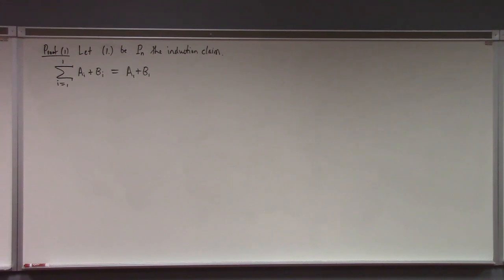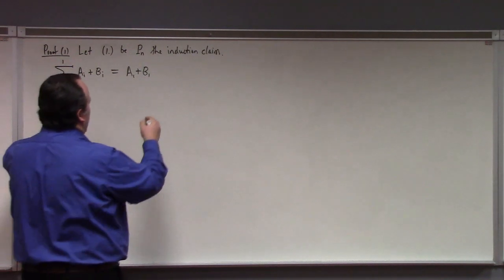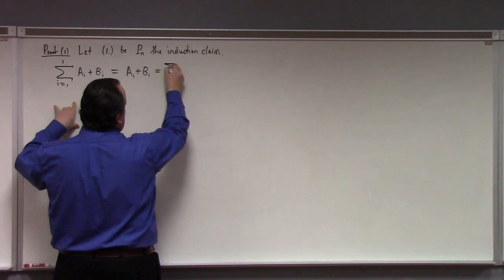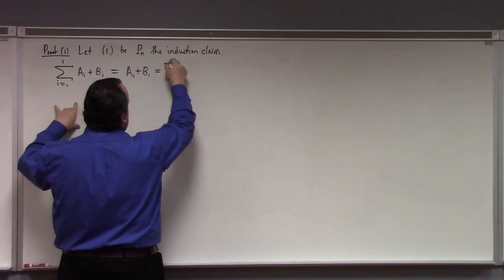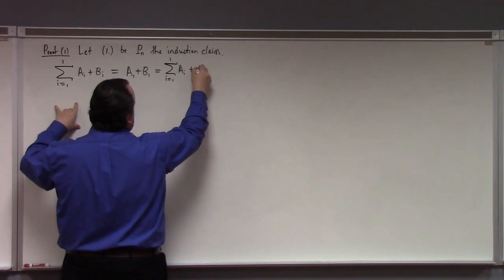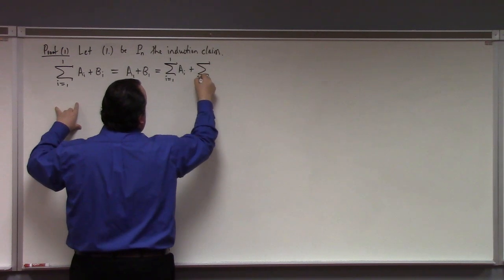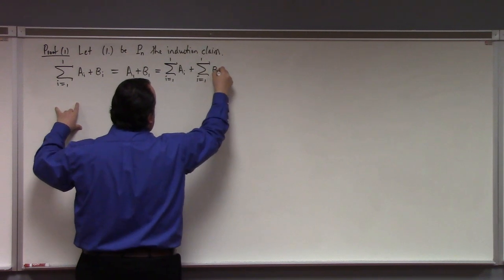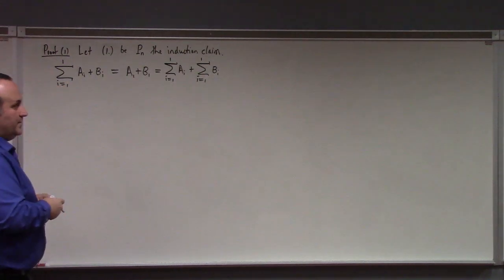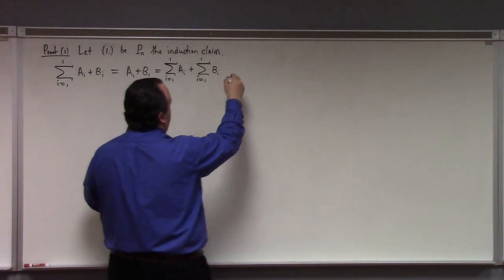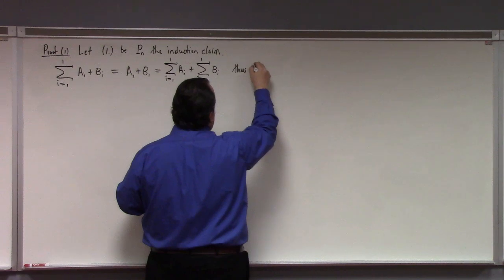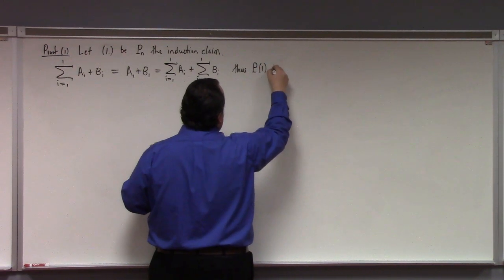And then, again by the definition of finite sum, this is the sum i equals 1 to 1 of a sub i plus the sum i equals 1 to 1 of b sub i. Thus the induction claim, P of 1, is true, right?